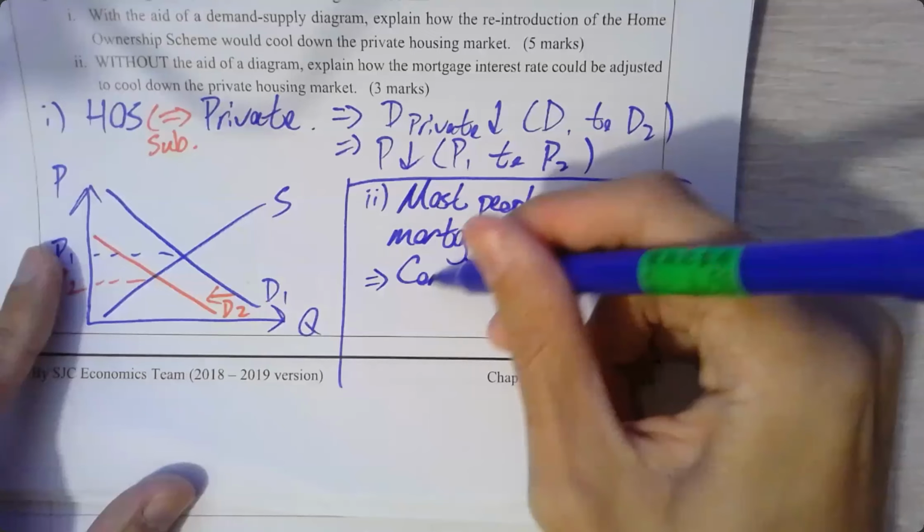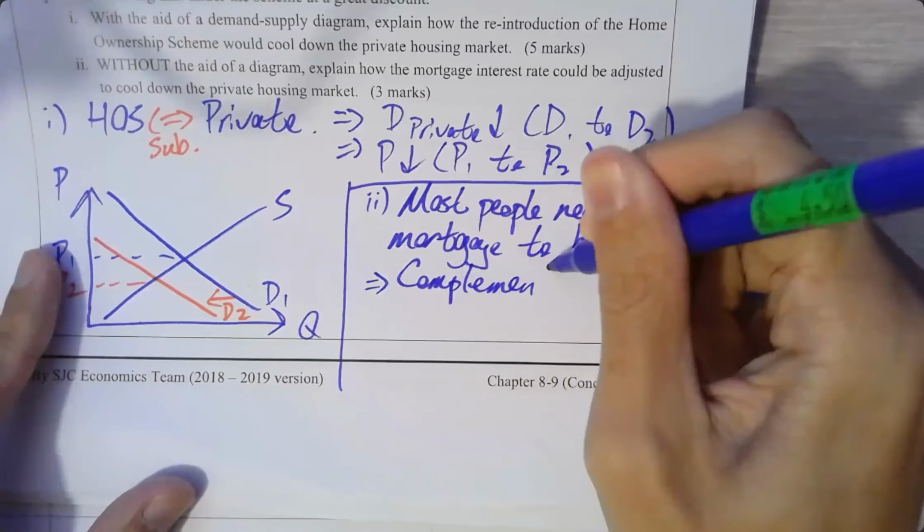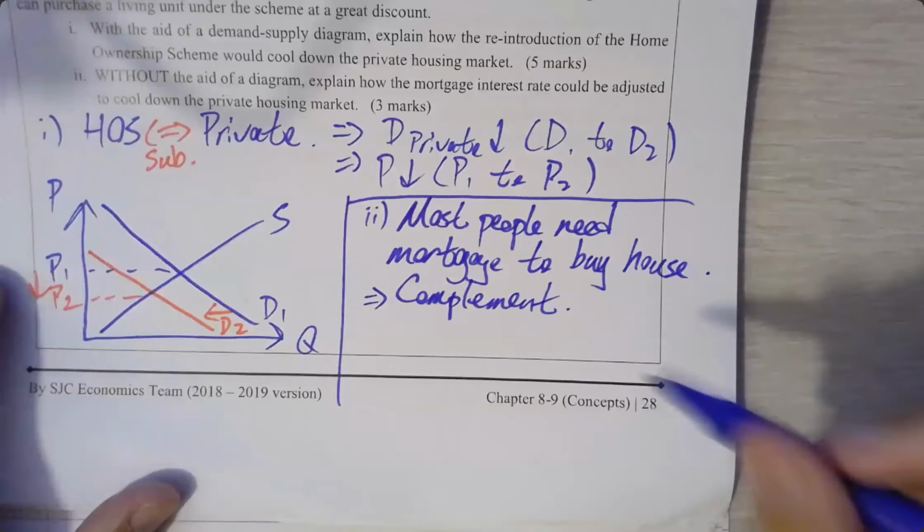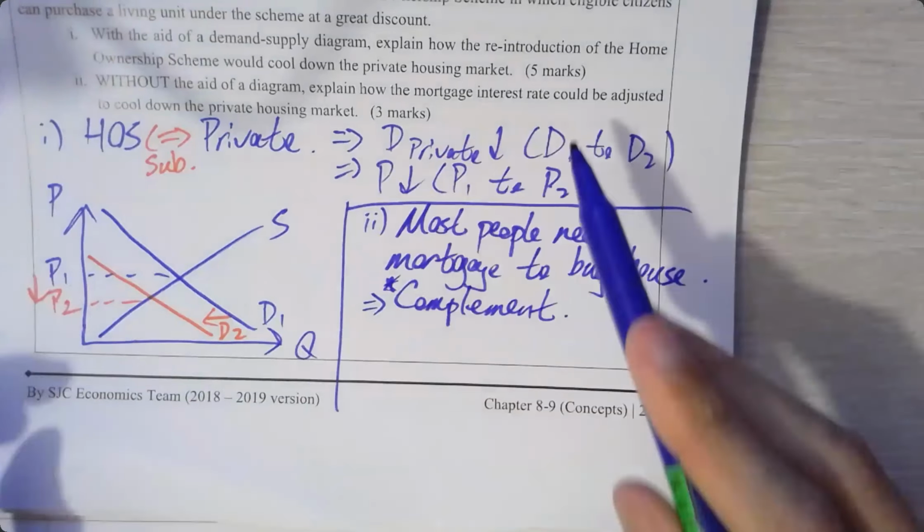They are complements, private housing and mortgage.